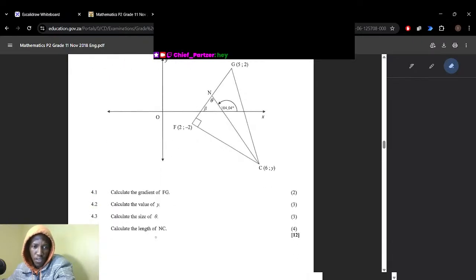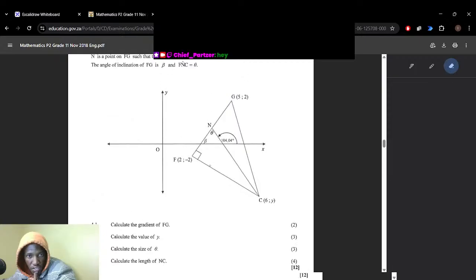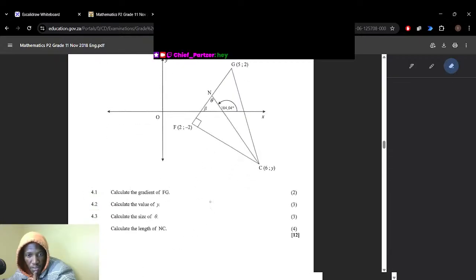So where I was, we have calculated the value of theta. Then we're going to calculate the length of NC. This is one of the questions. For example, to actually answer 4.4, you would need to have answered 4.2, right?